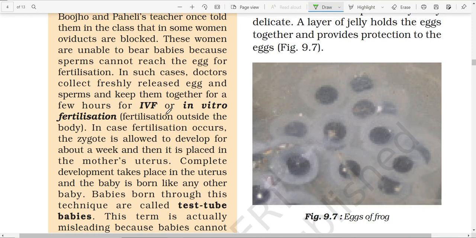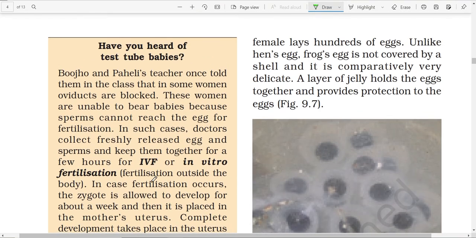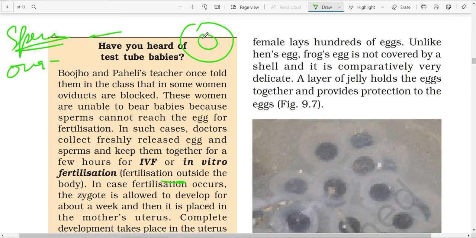Now, what is this in vitro fertilization? In vitro fertilization is where fertilization is done outside, meaning the sperm is taken from the father and the ova, that is the egg, is taken from the mother. Outside, their nuclei are mixed.